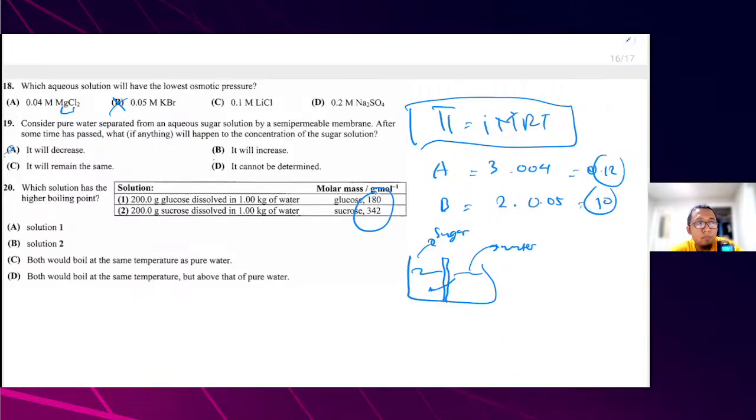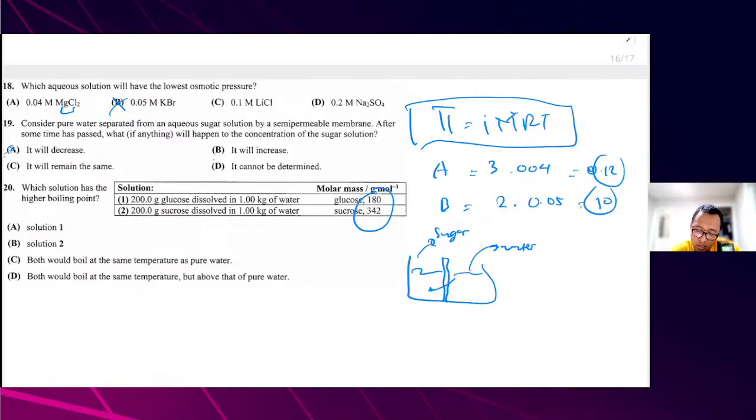If we have a bigger molar mass, we have fewer moles of solute, and more moles of solute increase the boiling point.